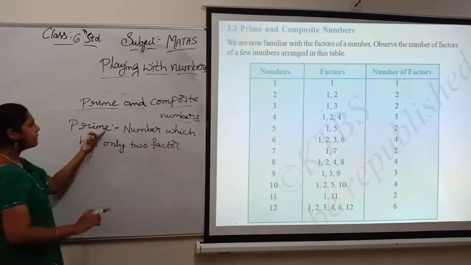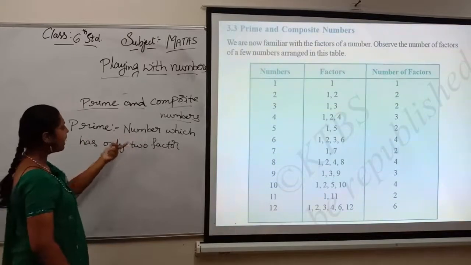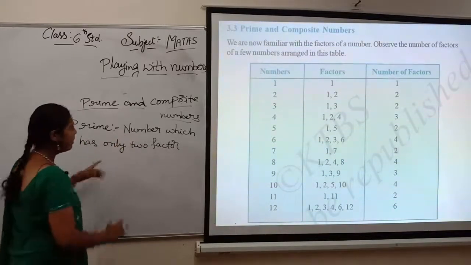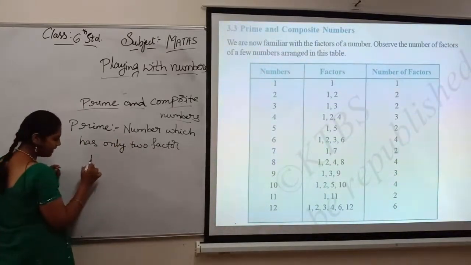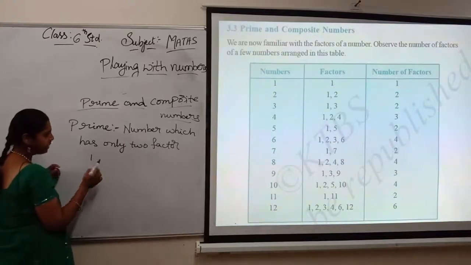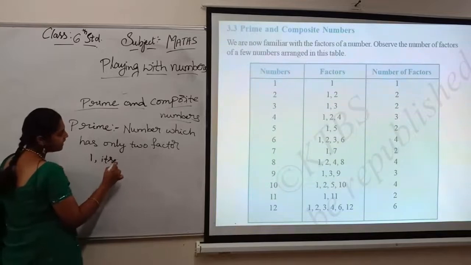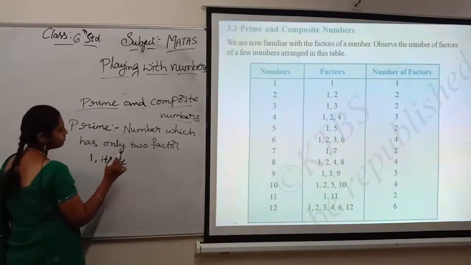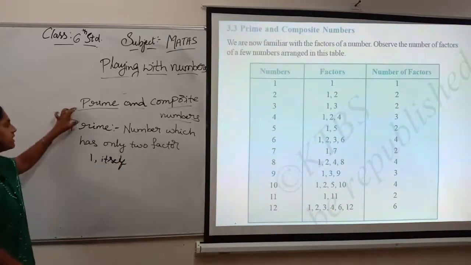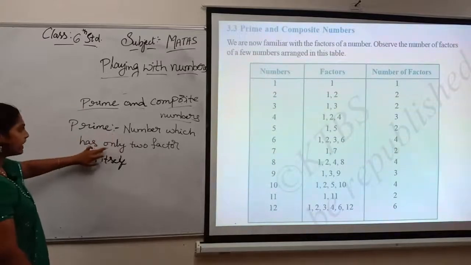See, prime number means what? The number which has only two factors. One is common to every number. One is a factor of every number and itself is a factor. Prime means the number which contains only two factors.